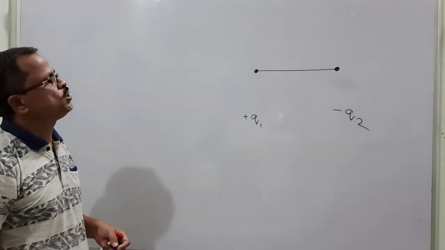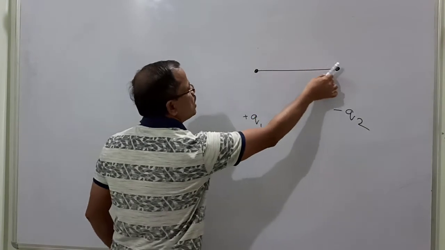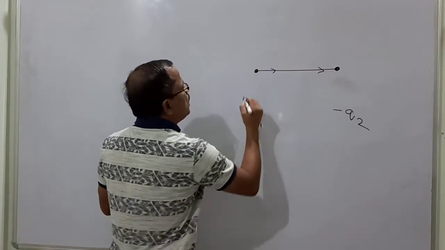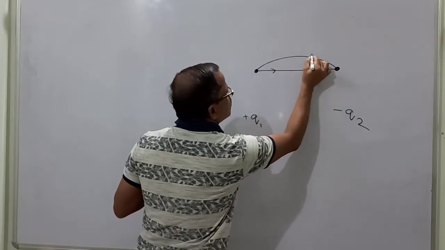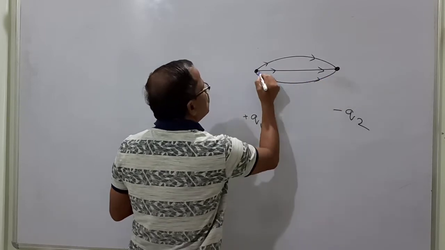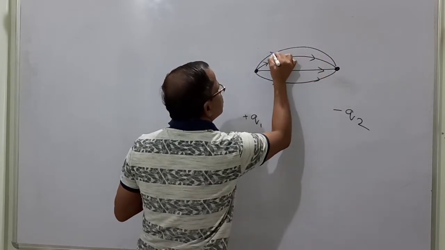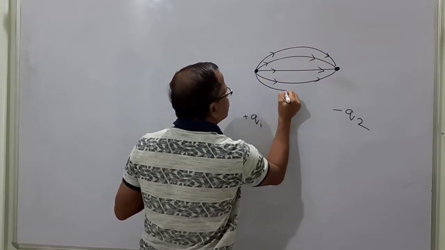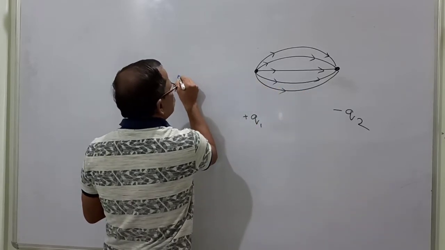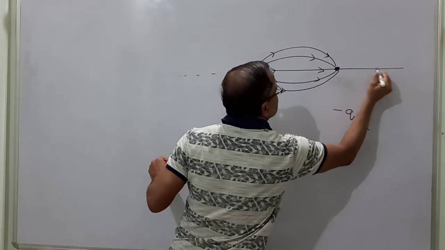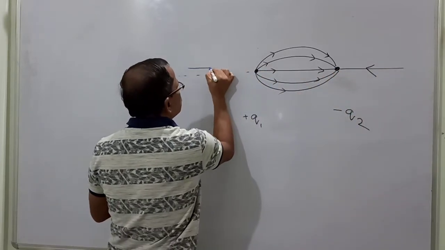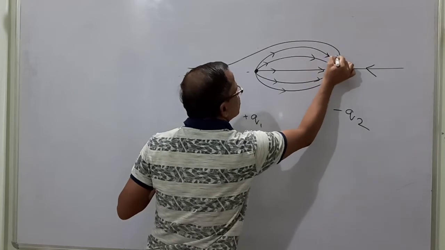You know lines of force will always go from positive charge to negative charge. One line of force goes from positive to negative. Another line of force will go this way, another this way. Another line of force is coming from this side, another will go this way and touch this body.